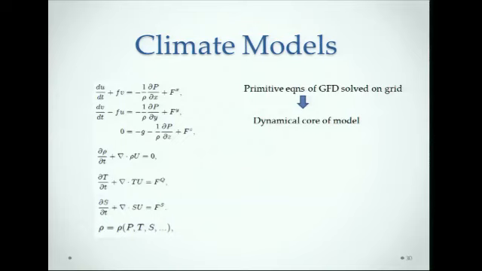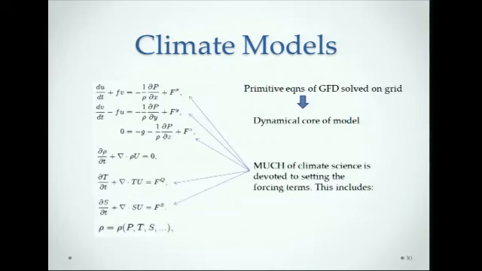These are the primitive equations of GFD solved on a grid. That's essentially the dynamical core of the model, right? And in a sense, a lot of climate science goes into forming these Fs, right? This is sort of what Tim was talking about, all the parameterizations that go into making up these forcings here.